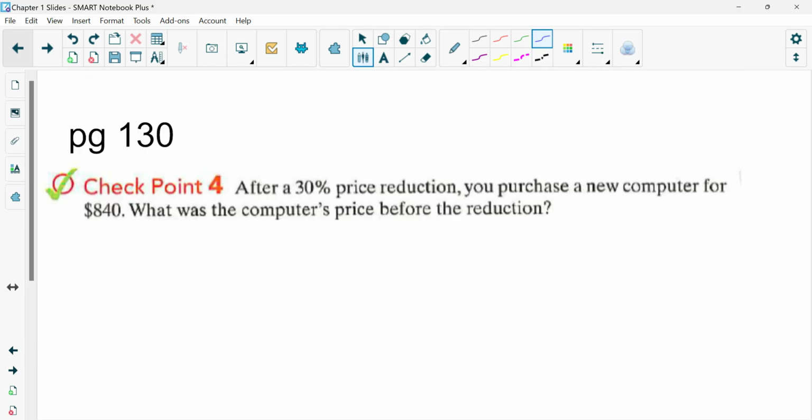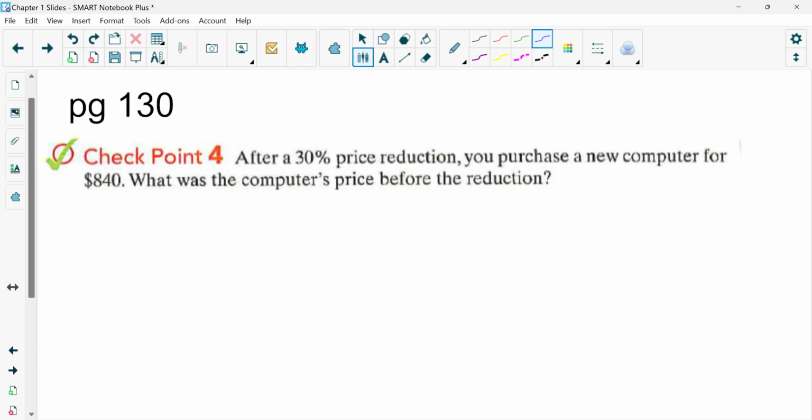All right, go ahead and try this. Again, if you can't read this, it's on page 130. So just read it for right now. All right, if you're ever trying to figure out what your variable is, look at the question. What's the question asking us?